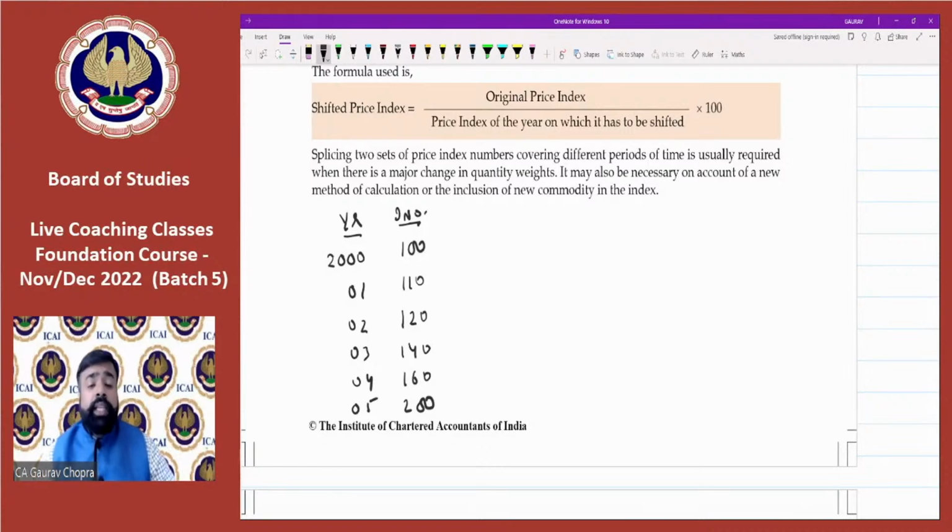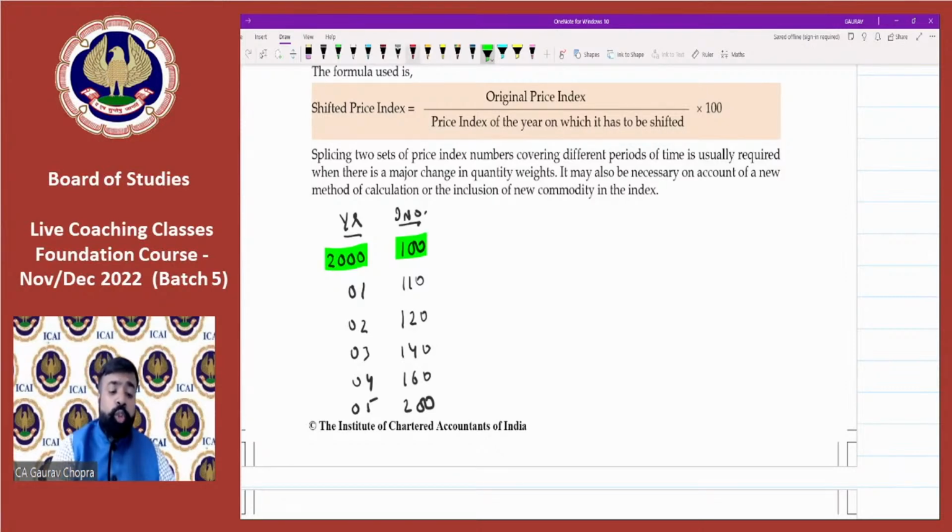Now, in this case, we can clearly see which is the base year. Since the index number 100 is in front of 2000, year 2000 is the base year at present. Okay, and we have reached till 2005, and now we see that the 2000 year is the old year, and now we have to assume 2005 as the base year.